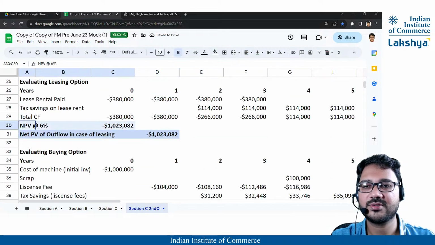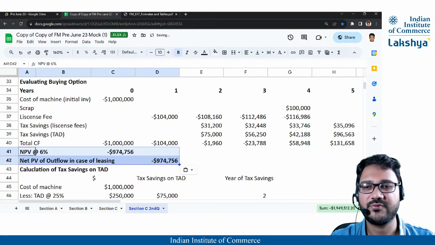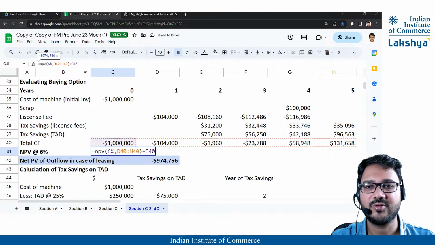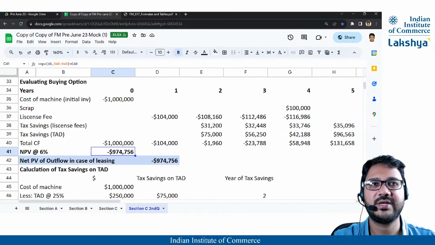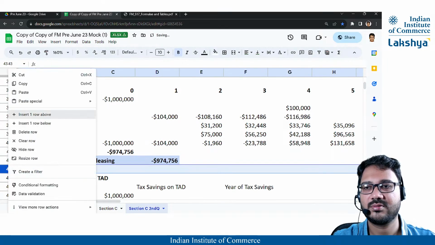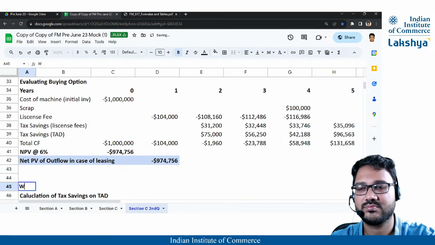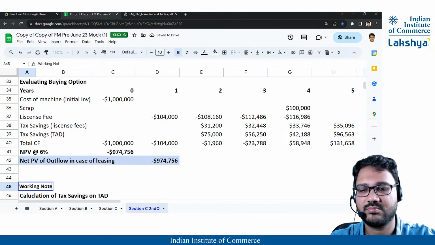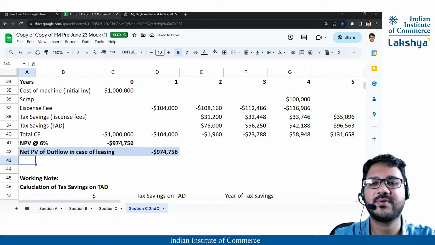Okay, and then we can just copy paste this because our formula remains the same. We'll just use the discounting factor 6% on all the future cash flows. Okay, so that's 974. This is actually our working note, not part of the main answer, but with this we've calculated our NPV.